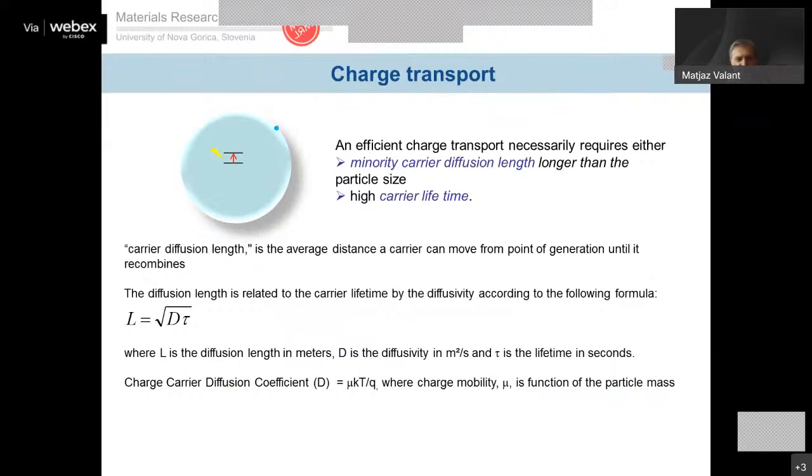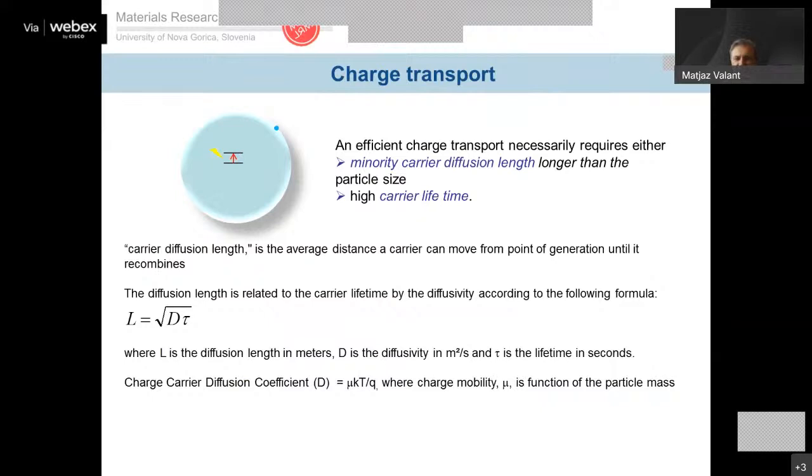It absorbs much more light than titanium. But the problem is that the recombination inside hematite is very intensive, and the carrier diffusion length inside hematite is very, very short.